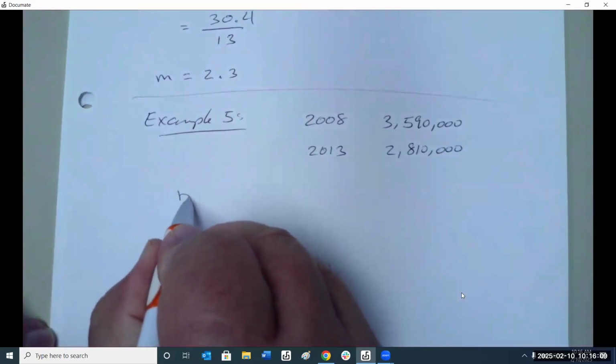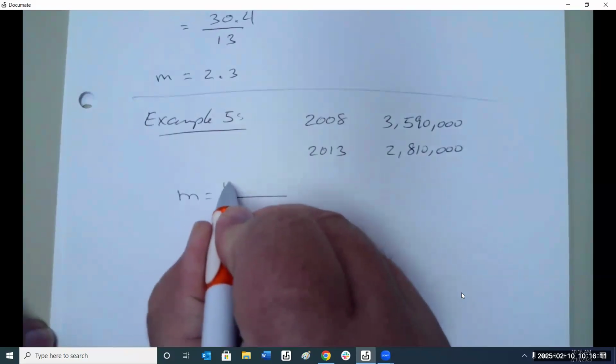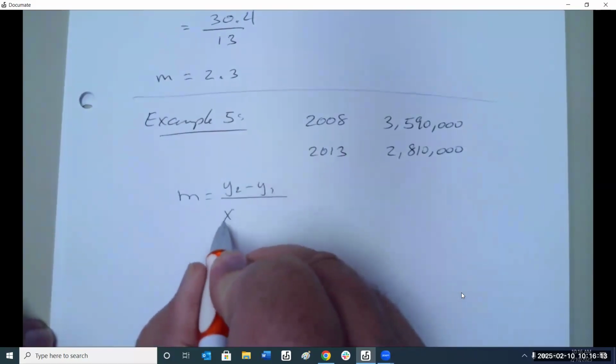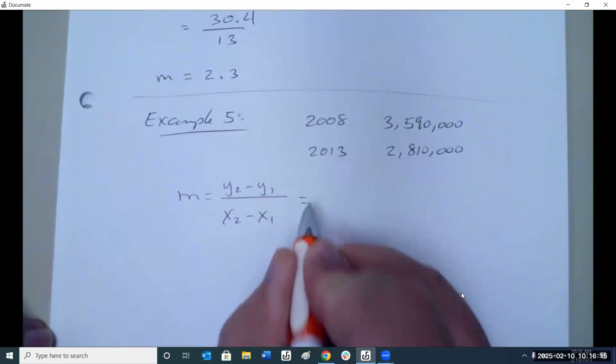So we're looking for the slope, which is Y2 minus Y1 over X2 minus X1.